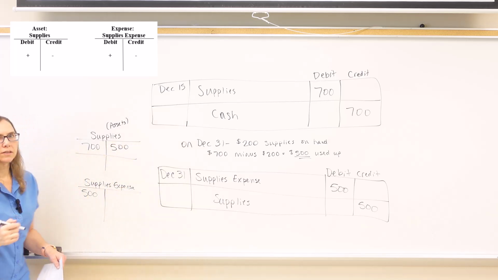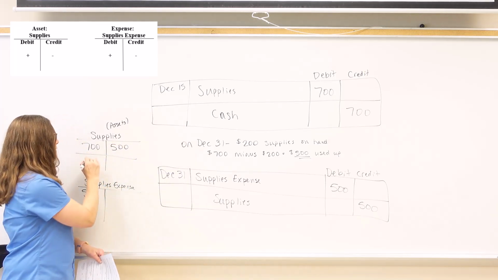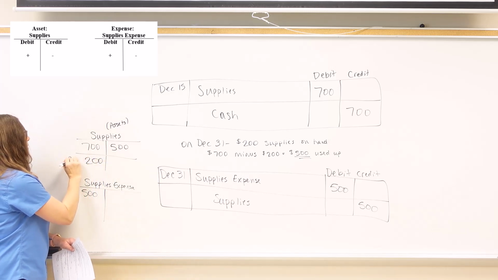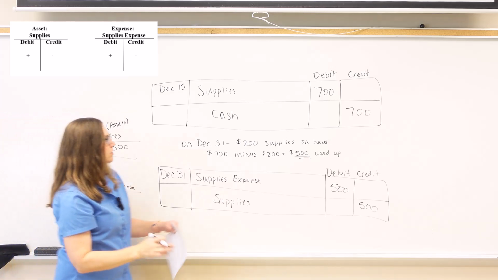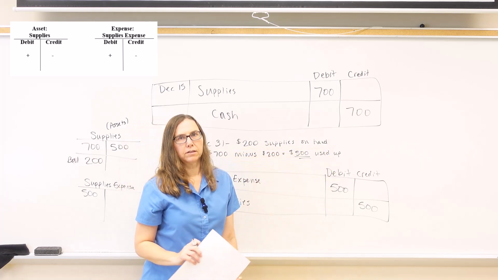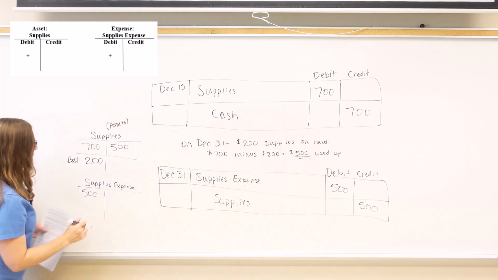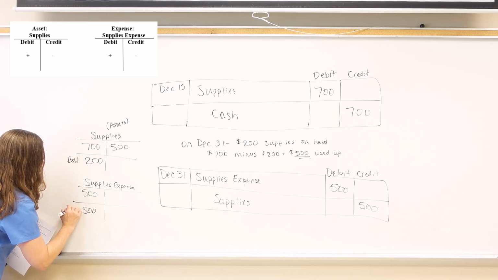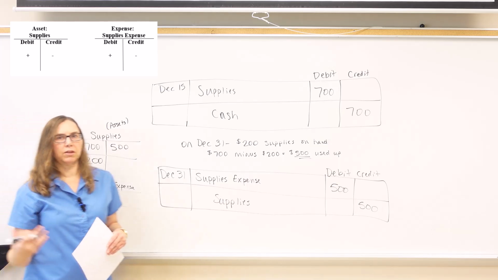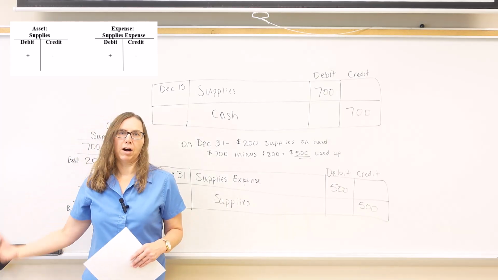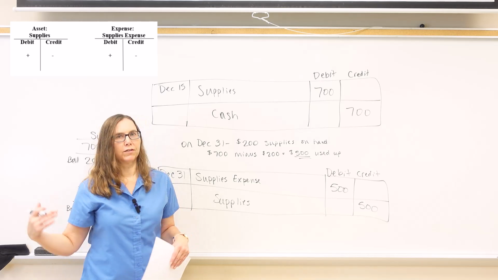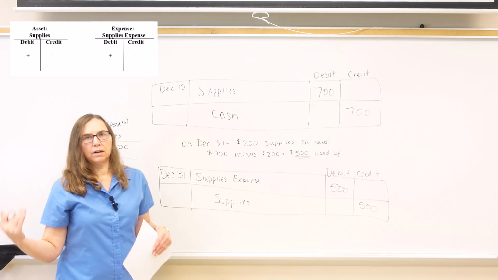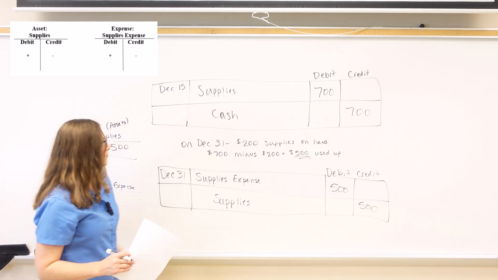And what that does is it leaves a $200 balance in supplies, which matches what they have on hand. And then we've got a balance of 500 in supplies expense, which represents something they used up to help them operate their business, which is more of the definition of expense, a cost to operate their business.